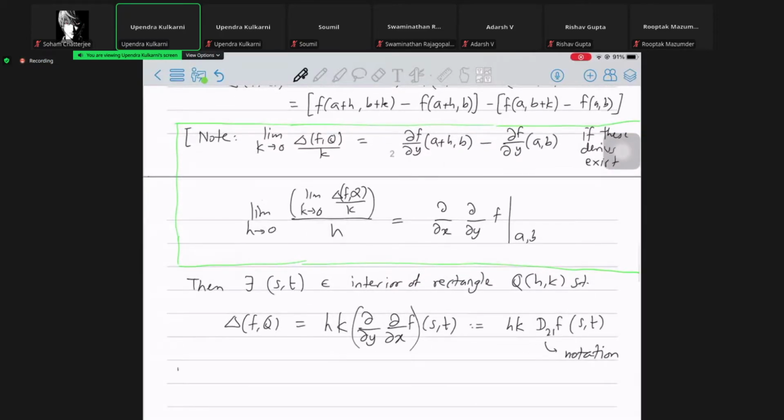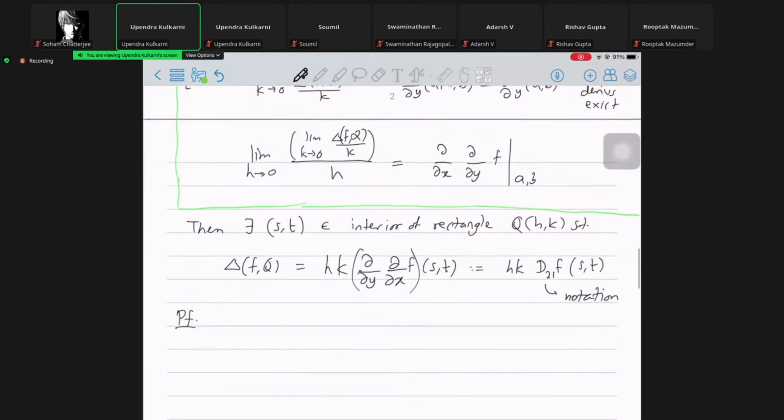All right. So let's prove this, and the proof of this is just going to be the mean value theorem. So let's draw a picture. I'm going to vary one direction at a time over here. So let's define u of x is equal to f of x, b plus k minus f of x, b.